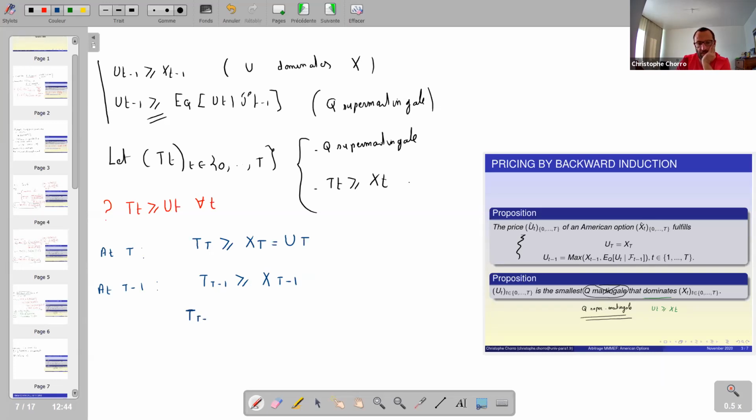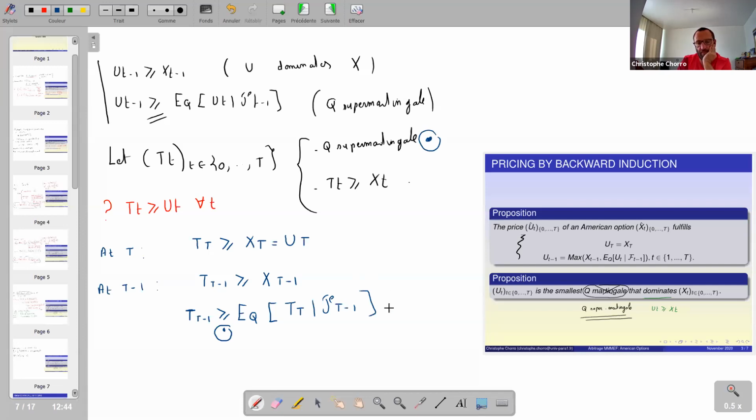So capital T at time t minus 1 is greater than what? The expectation under Q of capital T at t given ft minus 1, because I am a Q super martingale. It's this one that I use here.